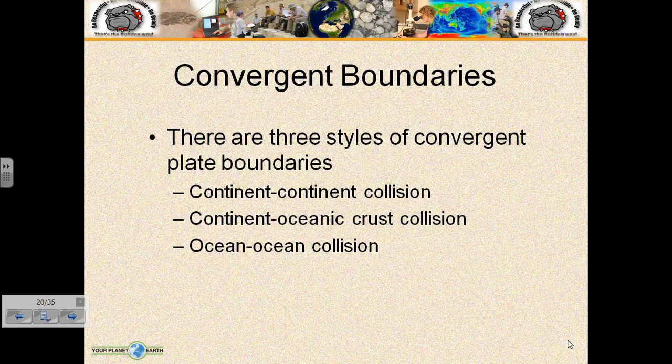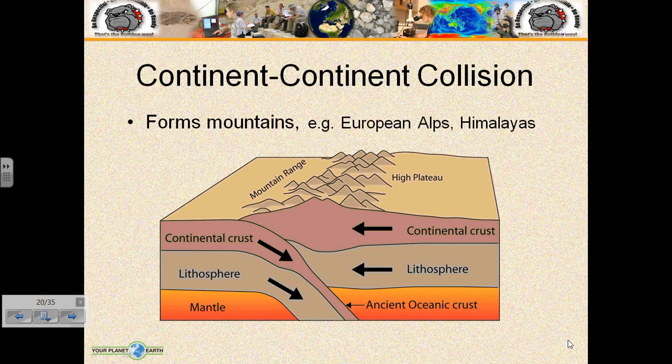As I've highlighted, continent to continent presumably suggests that continental crust interacts with continental crust, causing a collision. And continent to oceanic, there's an interaction and collision between both types of crusts. And then with oceanic to oceanic, you have an interaction between those types of crusts.